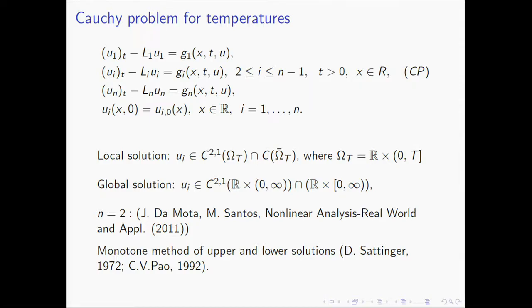We look for a classical local solution in time, with continuous first derivative with respect to x and continuous first derivative with respect to t, and also a classical global solution. For n equal 2, we have a paper here. The monotone method of upper and lower solutions is a good reference for this.